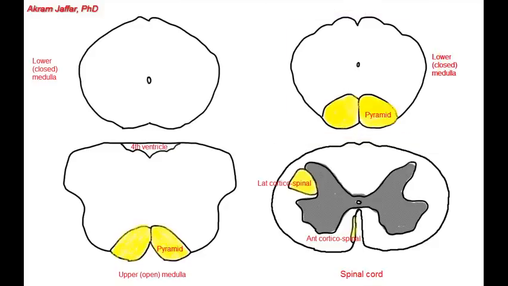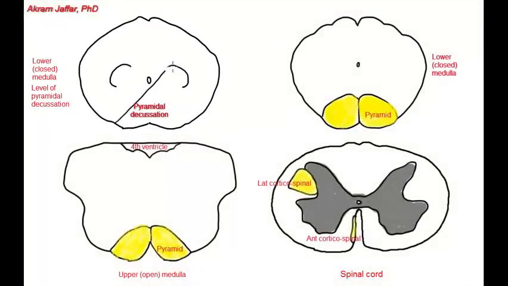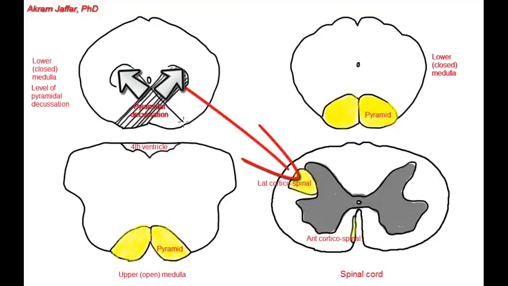The majority of these descending fibers cross over to the opposite side and form the decussation of the pyramids. This is the level of the decussation of the pyramids, and we can see the fibers cross to the opposite side. About 3/4 of these fibers cross and form the lateral corticospinal tract.